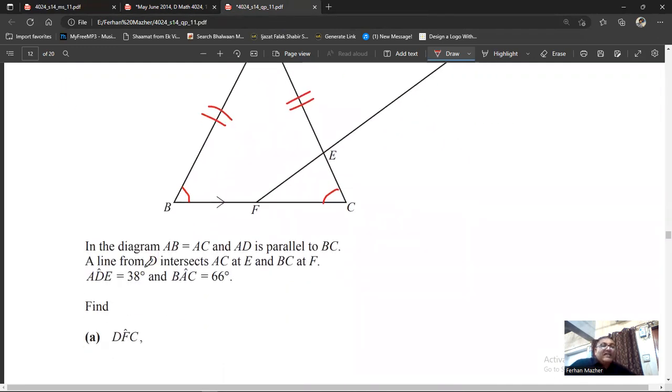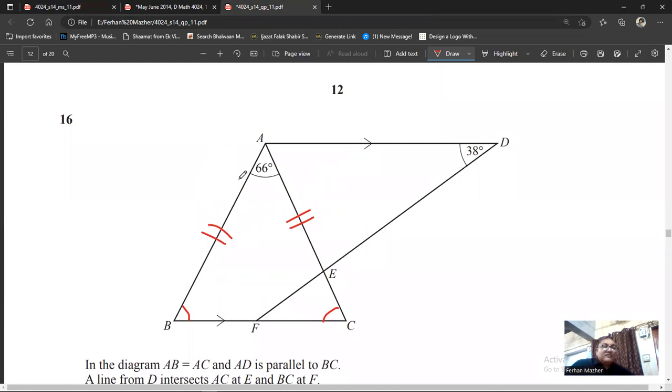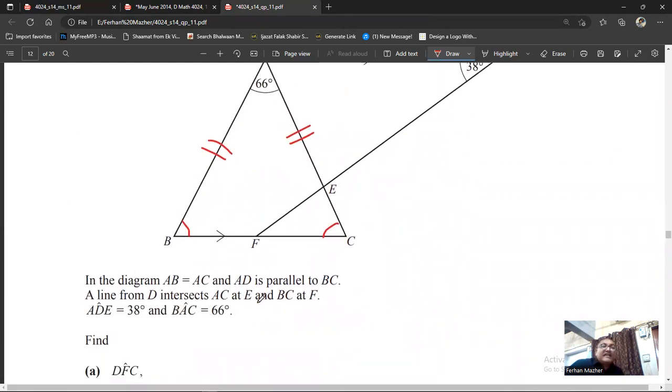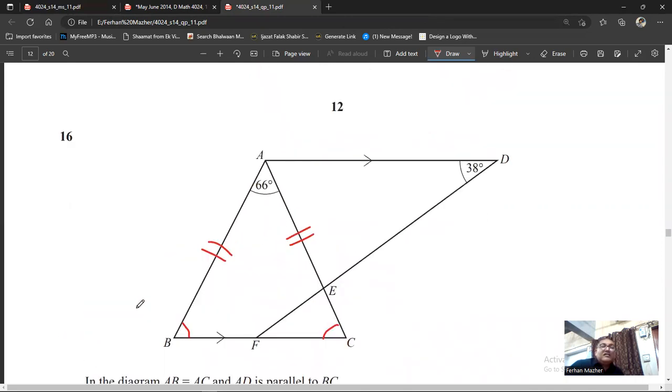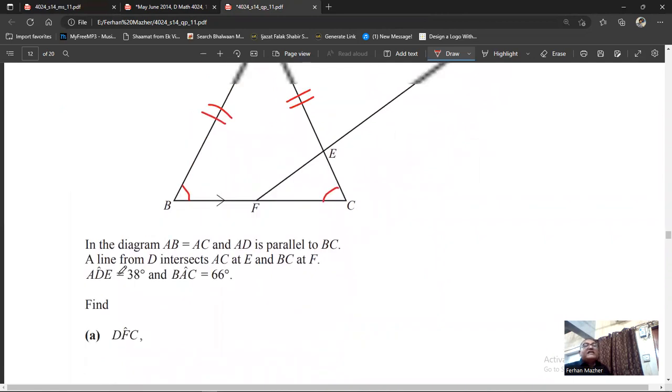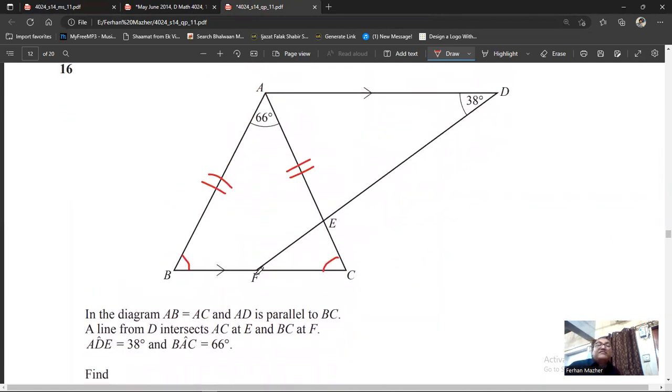Okay, a line from D intersects AC at E and BC at F. The angle ADE is 38, and the angle BAC is 66. Their question is to find DFC. DFC is basically this angle.